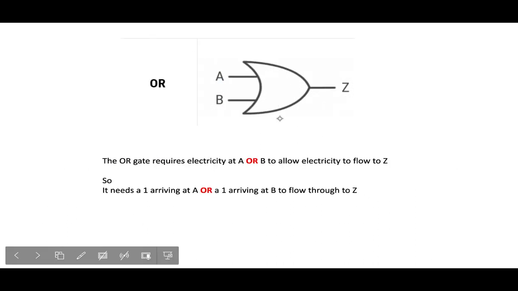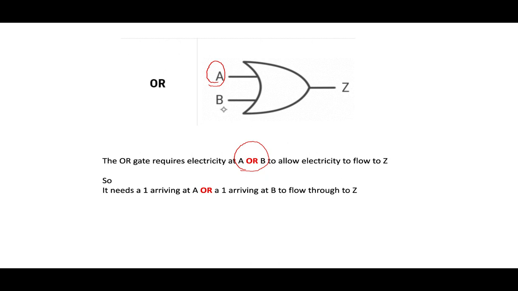The OR gate, okay, this one is exactly as it states, needs electricity at either A or at B, or you can have both as a number 1 and electricity will flow through, and give you a 1 output. So it needs electricity arriving at one or the other, or to both, in order for it to flow through.